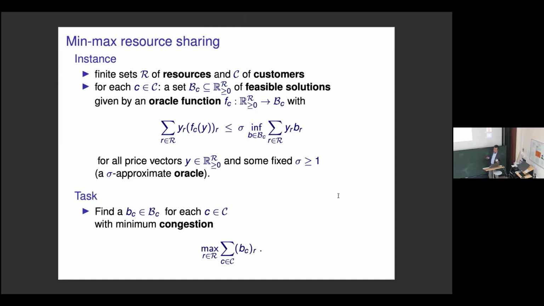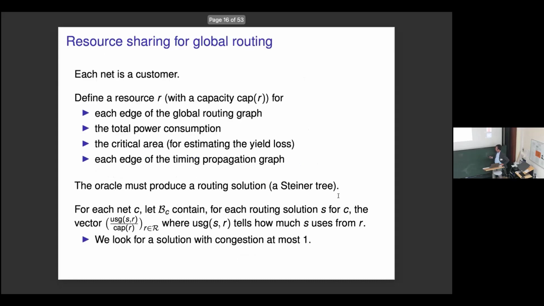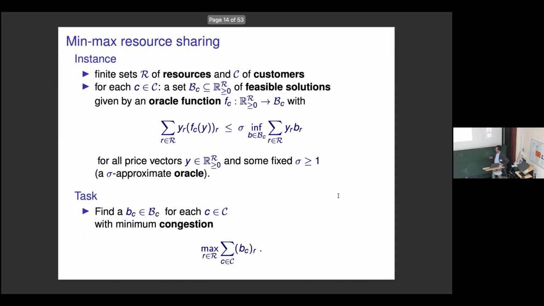I mean, the Steiner tree problem itself is NP-hard, but we can find a sigma approximation. That we call a sigma-approximate oracle, by that we can optimize that linear function approximately. We can find approximate Steiner trees, for example. And the task is then to find a solution for each customer that minimizes the congestion, minimize the use of any resource.